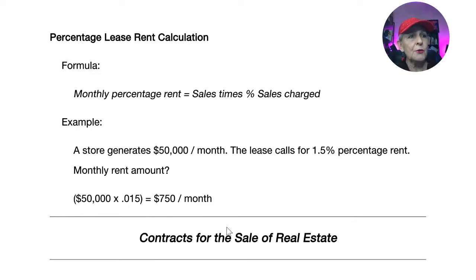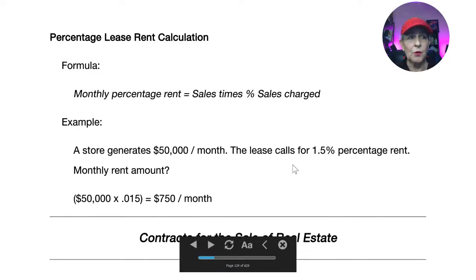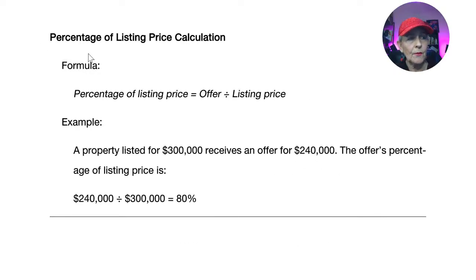So contracts for the sale of real estate. Percentage of listing price calculation. The formula: percentage of listing price equals the offer divided by the listing price. We're looking for the percentage, right, of the listing price.